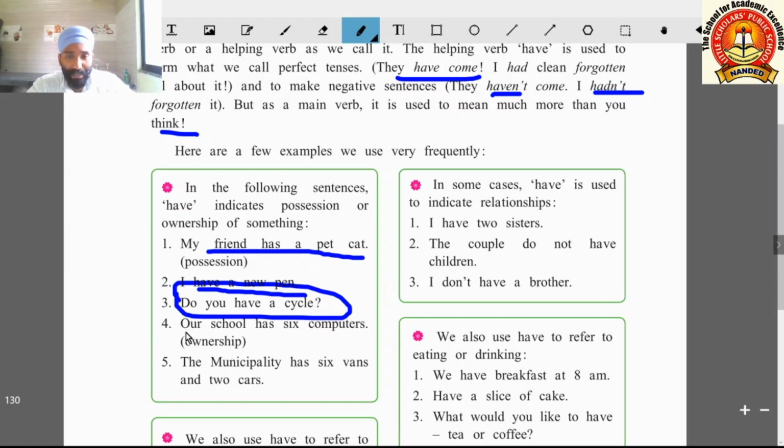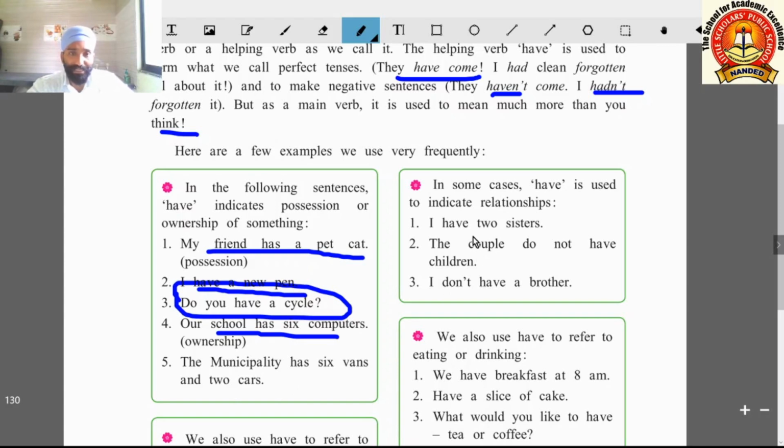Come to the fourth example. Our school has 6 computers. This is also showing ownership or possession. The municipality has 6 vans and 2 cars. This is also showing possession.